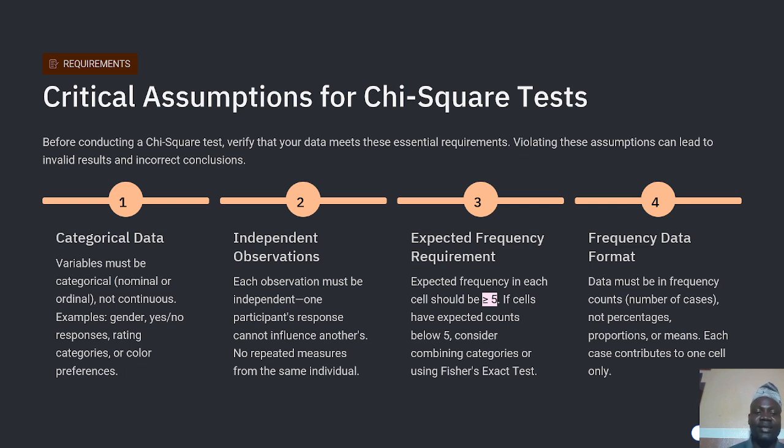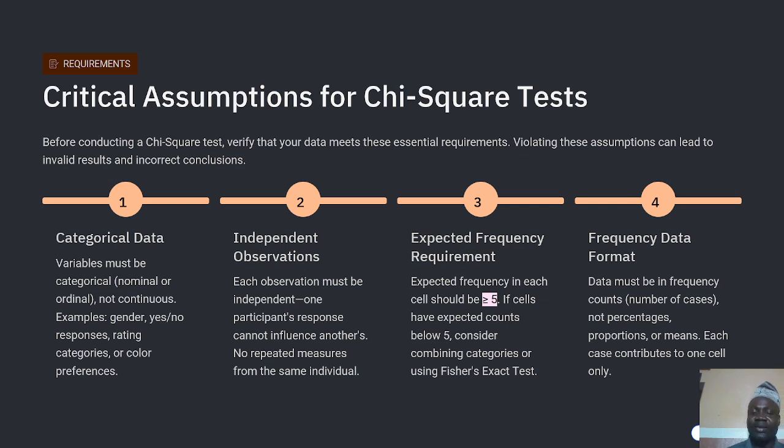The next thing is independent observation. Each observation must be independent. One participant's response cannot influence another, and there are no repeated measures from the same individual. For instance, you cannot say you prefer private school and public school. You take one. You can't take the two, as it were.